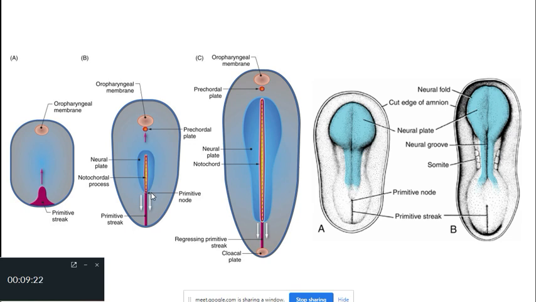I told you at the end of the primitive groove or primitive streak will be the Henson's node, and arising from the Henson's node will be the notochord. All these things were discussed during gastrulation. So just in front of the Henson's node, you can see the notochordal process developing.